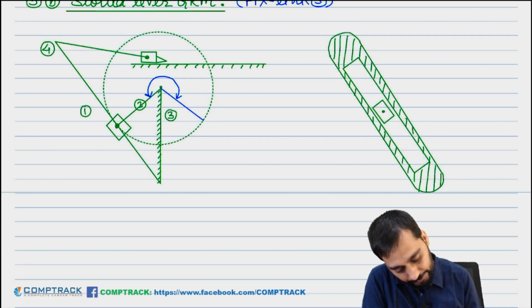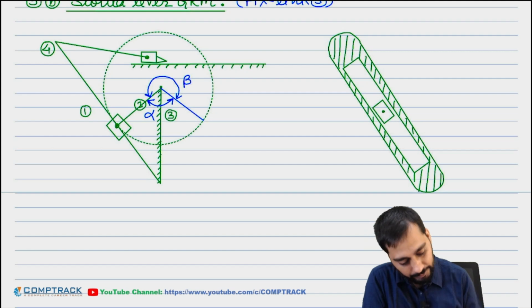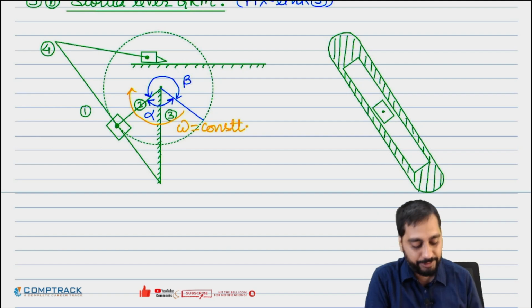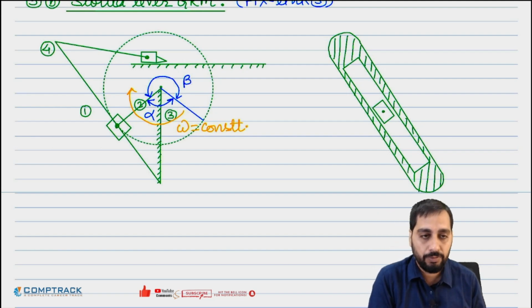This will be your angle beta, the cutting angle. Alpha will be your return angle. And this link 2 is rotating here with constant omega, like this. Okay.